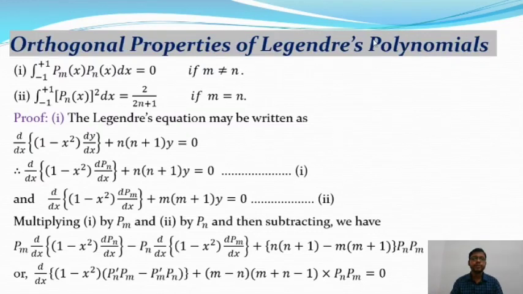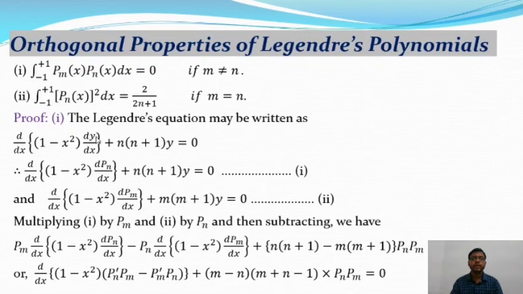So the Legendre equation may be written as d/dx of (1 - x²) dy/dx plus n(n+1)y equals 0. Now we take y equal to Pn, where Pn is the Legendre polynomial of degree n and Pm is the Legendre polynomial of degree m.